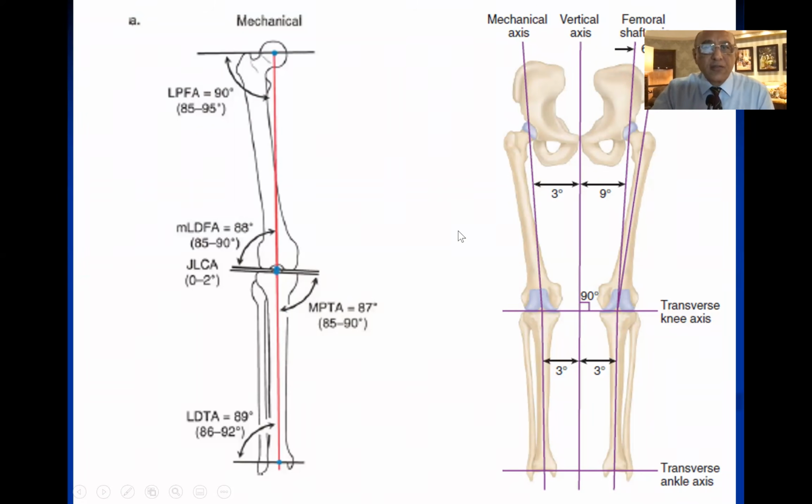The important points in anatomy that should be looked at in the long films: the medial proximal tibial angle, we call it MPTA, is 87 degrees. And we talked about why it is 87, not 90. It is the angle between the top of the tibial plateau and the anatomical axis, which, by the way, is the same as the mechanical axis of the tibia.